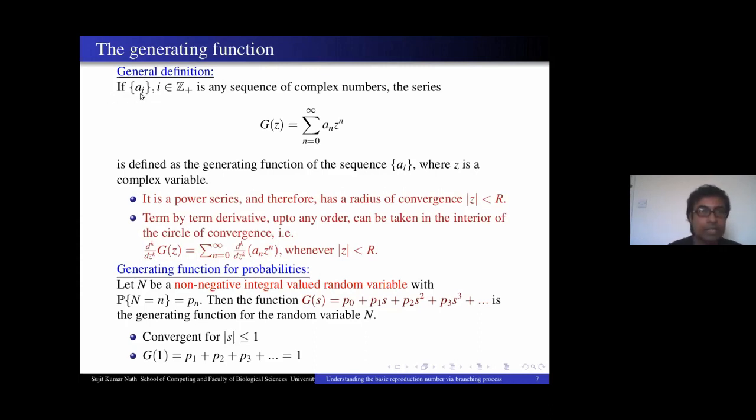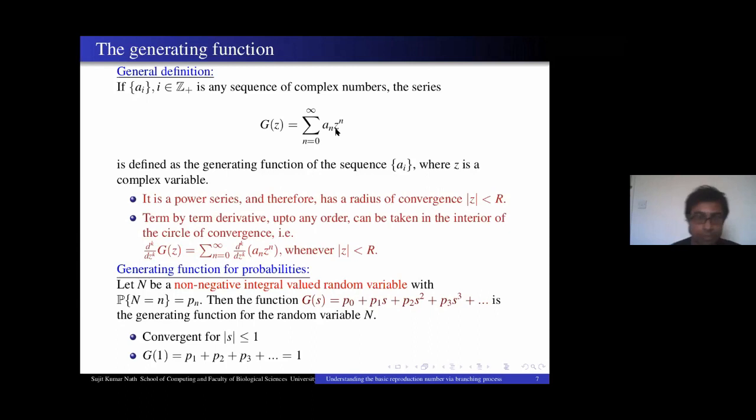Suppose ai is a sequence of complex numbers where i belongs to the set of all non-negative integers, and we define the generating function for this sequence ai as this power series, where z is a complex number. So this is basically the summation of a0 plus a1 z plus a2 z square, a3 z cube, all these terms.